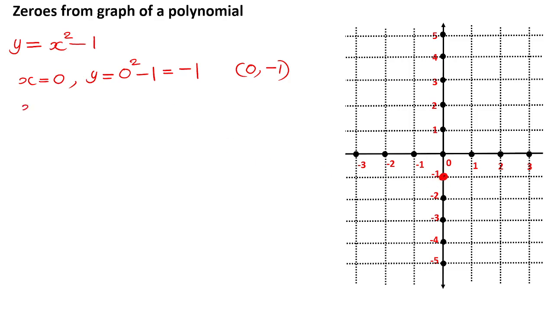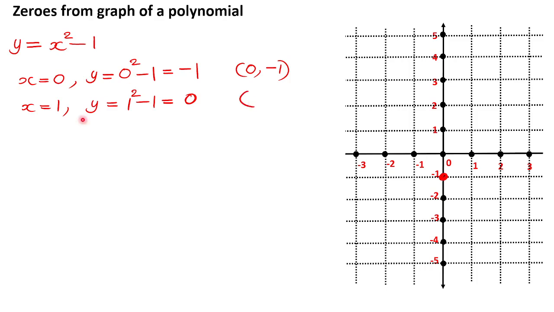Similarly, I am going to substitute x equal to 1. What is the value of y? Put x equal to 1: 1 square minus 1 will be 1 minus 1, 0.